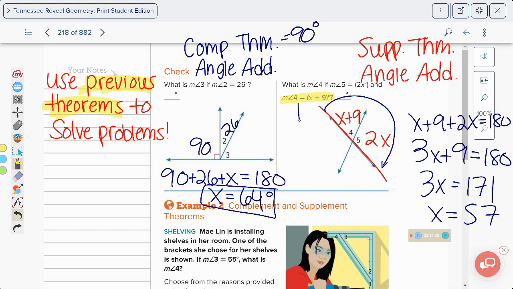So 57 plus 9 gives us 66 degrees. Okay, so on these future problems, guys, just be thinking and going back. One, I want you guys to work on solving the problem, but also I want you to include a theorem or a postulate that supports your reasoning, okay?